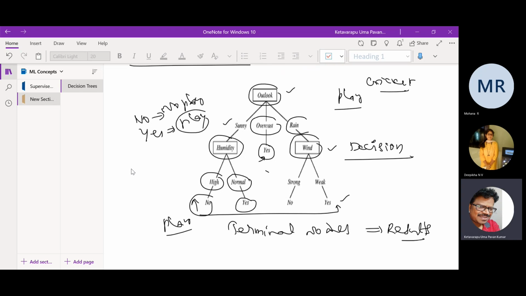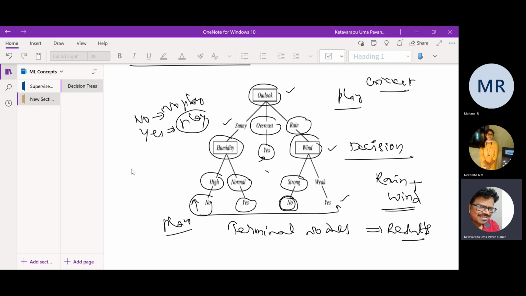It is raining, for example, or drizzling as well, so it is rainy. Now, with raining, one more condition is whether we have any wind. If the wind is strong, there is no play, because rain itself is a dangerous signal, and with wind also, obviously our outcome is no play.